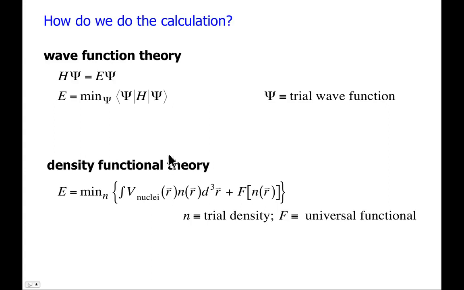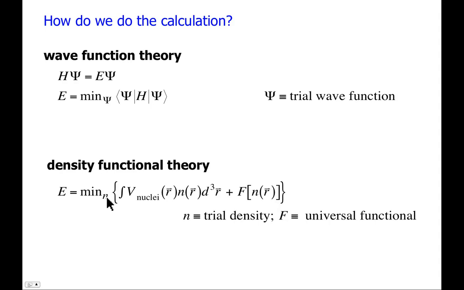In density functional theory, there is a similar high-level procedure that can be envisioned. So now, instead of a wave function being our trial variable, if you want to call it that, the thing that we are modifying, we have an electron density.